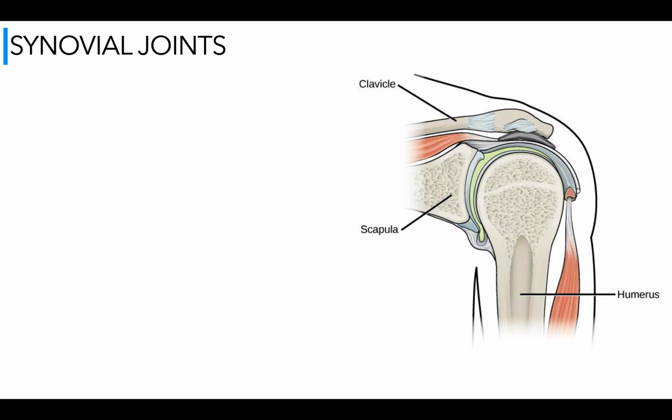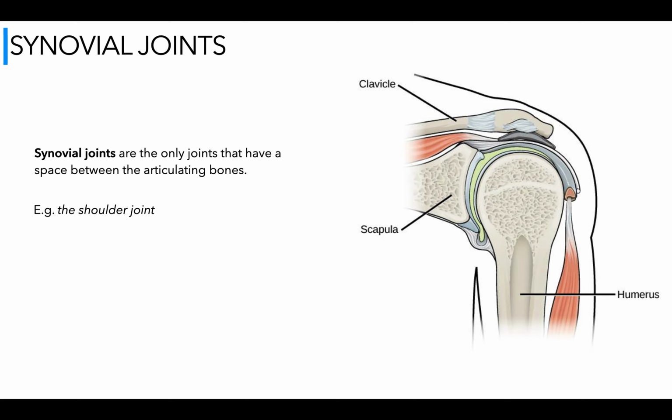And finally we have our synovial joints. The example on the screen is the shoulder joint, which you might have guessed from the scapula and humerus. Synovial joints are the only joints that have a space between the articulating bones, and that means we need other features to help strengthen these joints for when we move them, and we will come on to that very shortly.